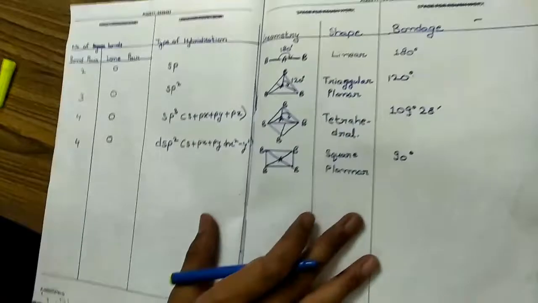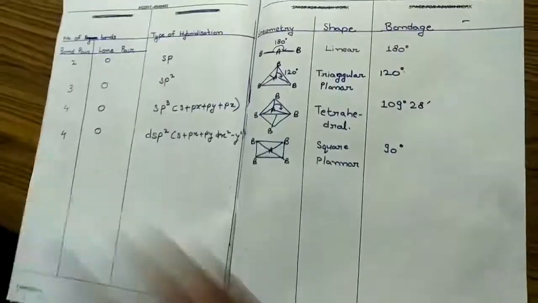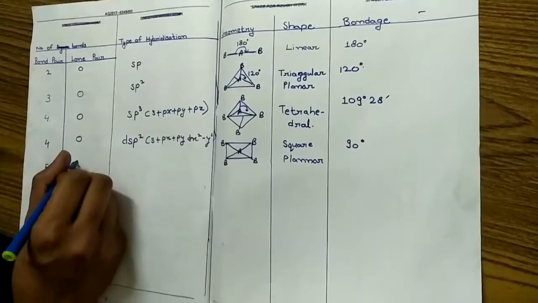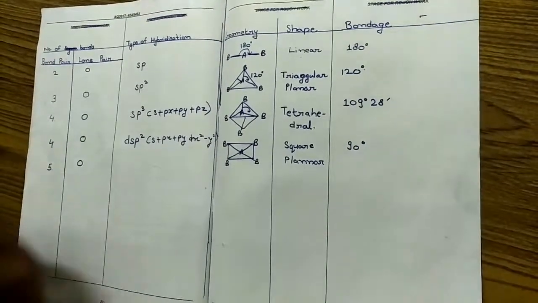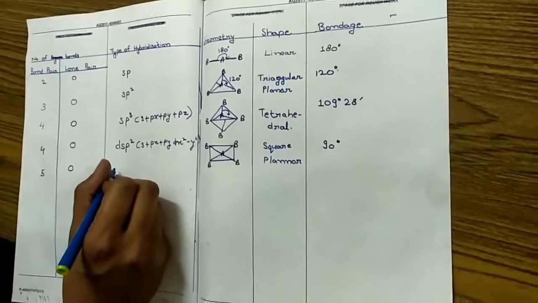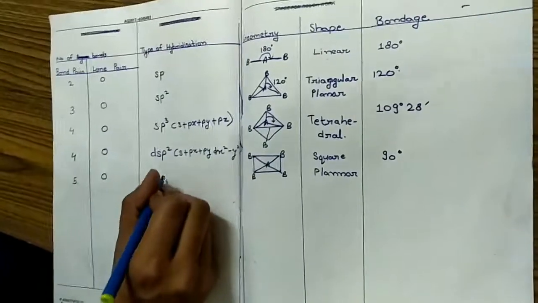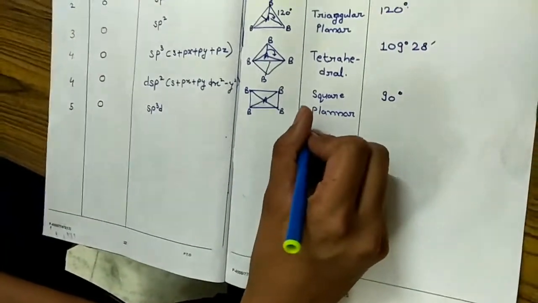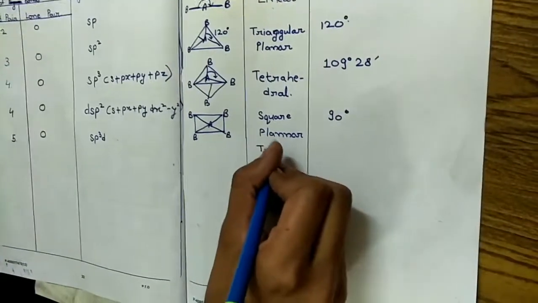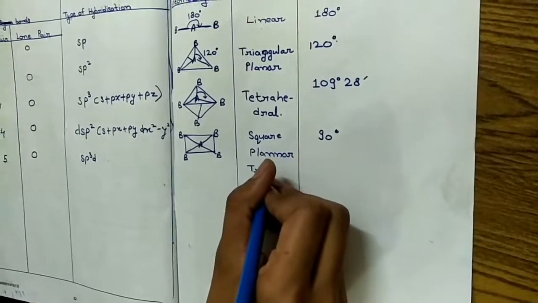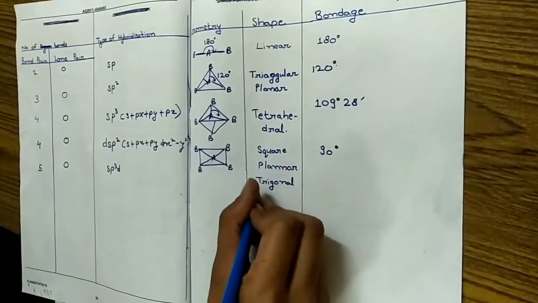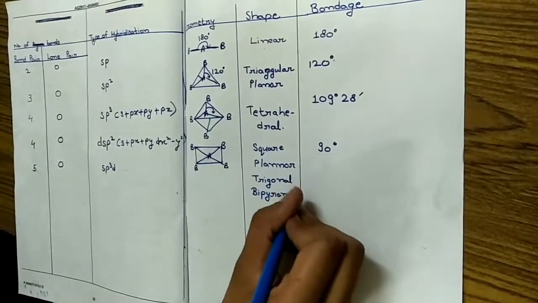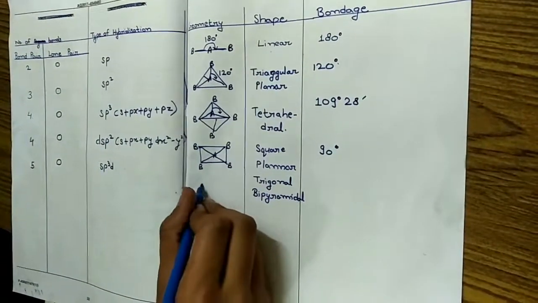Now I'm going to tell you about five bond pairs. If there are 5 bond pairs and 0 lone pairs, the hybridization is sp3d, and the shape is known as trigonal bipyramidal. It is represented like this.